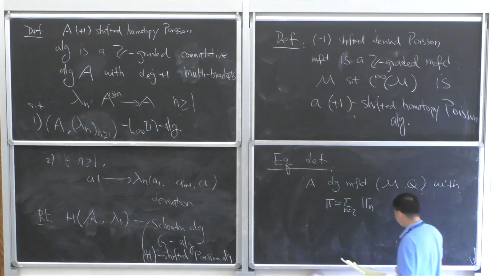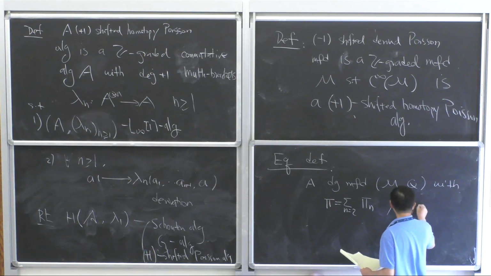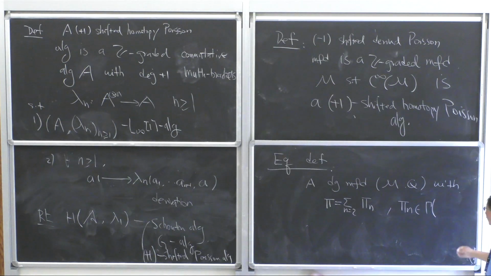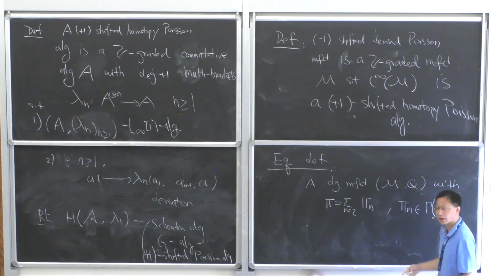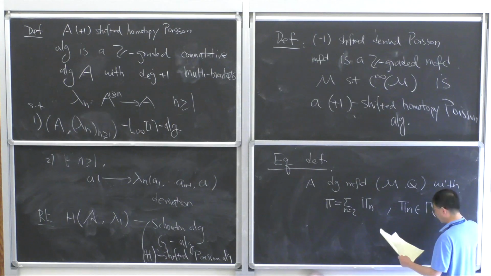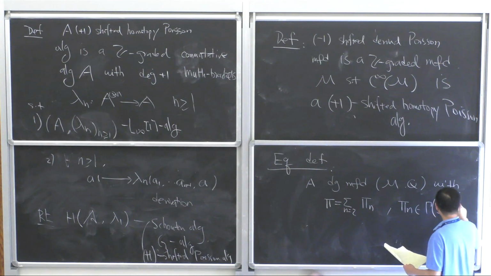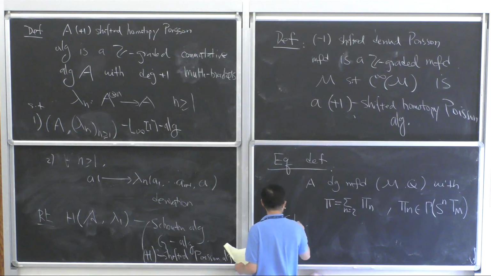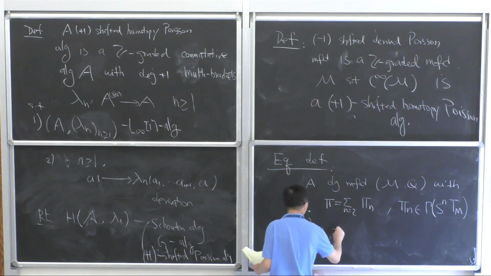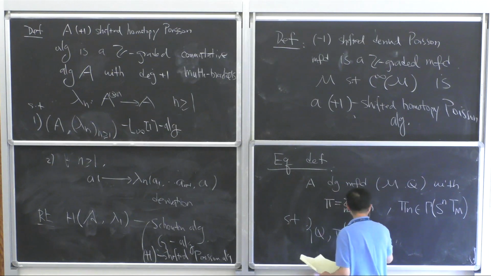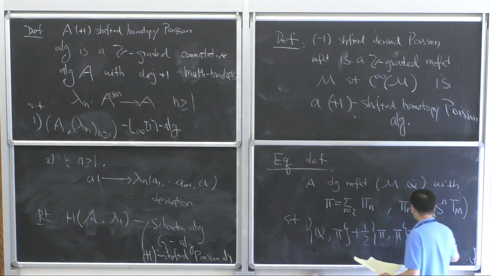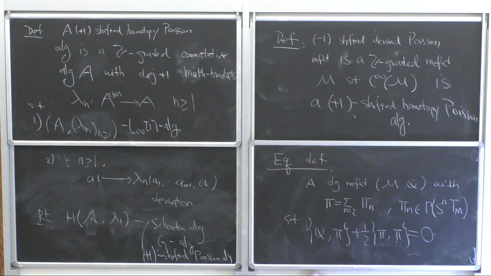So in principle each pi n is, since I'm shifted, instead of a bivector field, an n-vector field, a symmetric tensor, such that this Maurer-Cartan equation holds. So this is the equivalent definition, like the usual Poisson geometry equivalent definition.